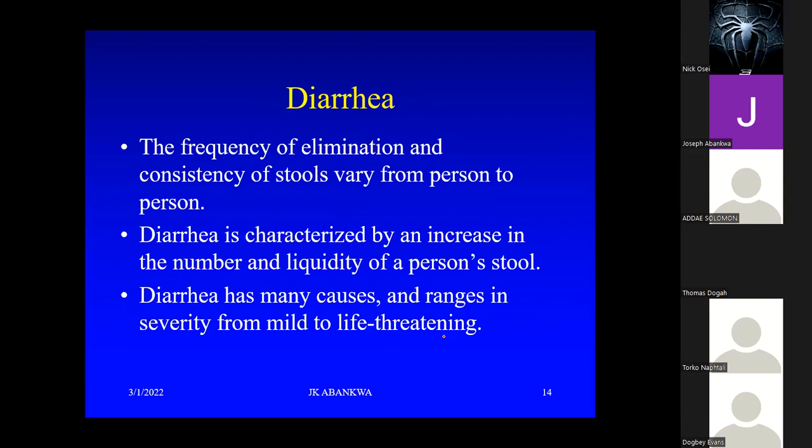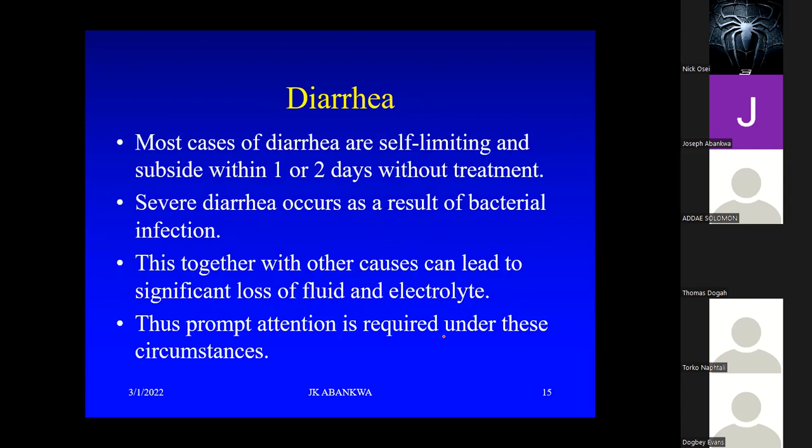Diarrhea concerns the frequency of elimination and consistency of stools, and this can vary from one person to the other. Diarrhea is characterized by an increase in the number and liquidity of a person's stool, and sometimes it can be life-threatening. Diarrhea has so many causes, and most cases are self-limiting and mostly subside within 1 to 2 days without treatment.